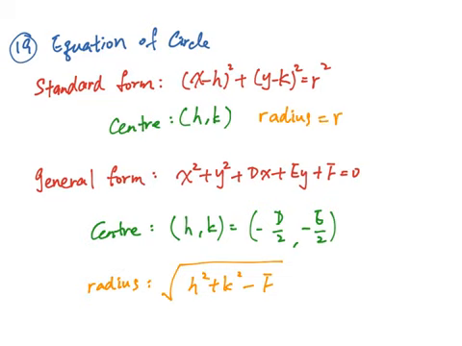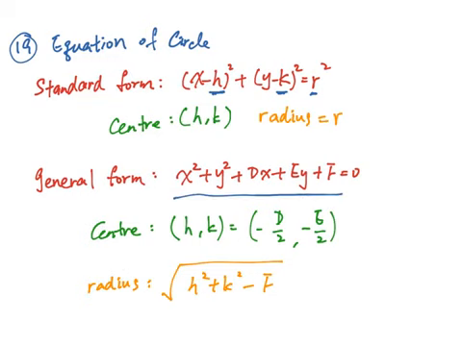Next is about the equation of circle. There are two kinds of format. One is called standard form: x minus h square plus y minus k all square equal to radius square. The center is hk, and the radius is r. The next form is called general form: x square plus y square plus dx plus ey plus f equals 0.